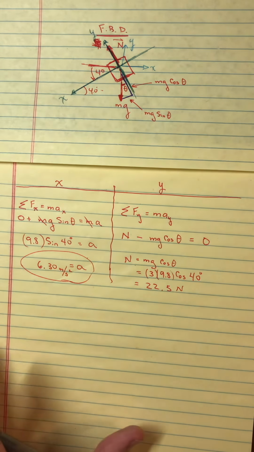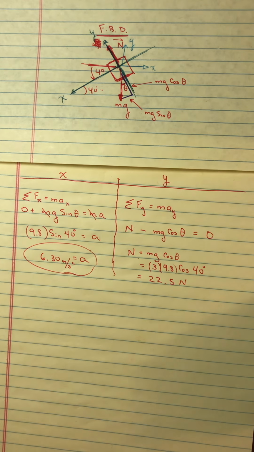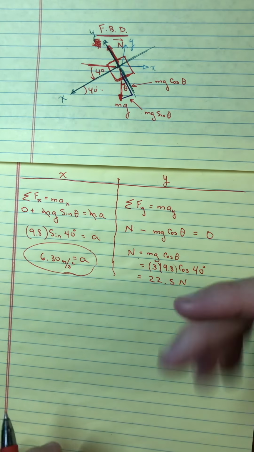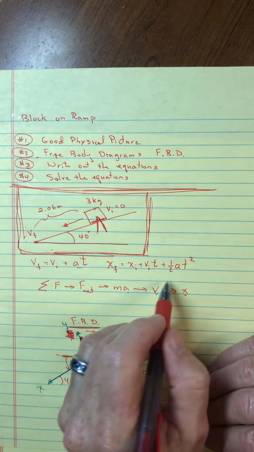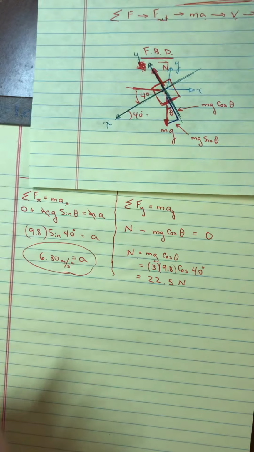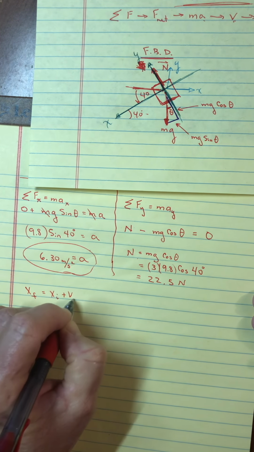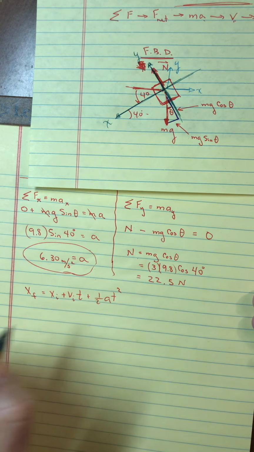And that's the real part of this problem, getting the acceleration. Because once I have the acceleration, I'm going to go back to what I said from the previous chapters. So let me do this equation. Final position is equal to initial position plus initial velocity times time plus 1/2 acceleration times time squared.